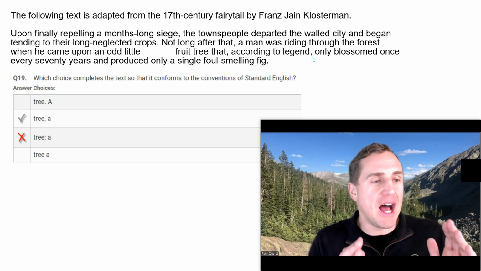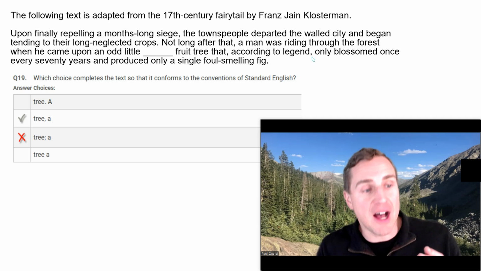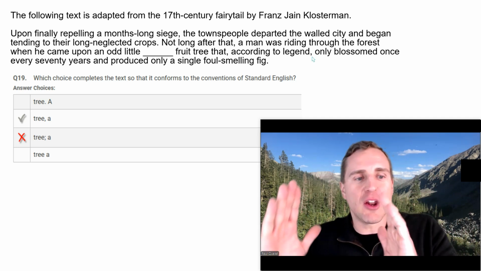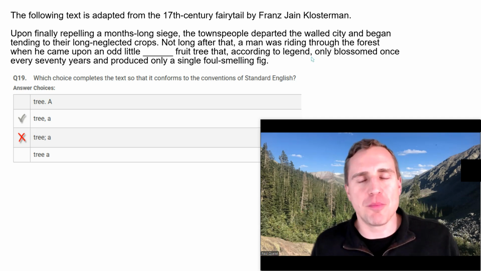A fruit tree that and according to legend are both in parallel structure, both being set apart by commas. So I hope that makes sense before we move on.